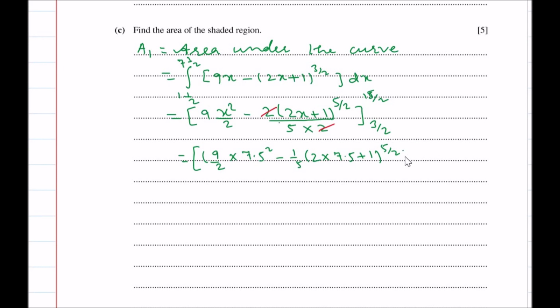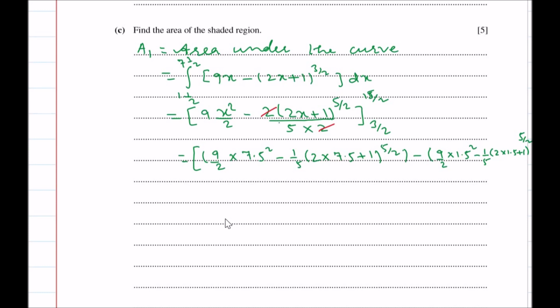Minus 9 by 2 into 1.5 square minus 1 by 5 into 2 into 1.5 plus 1 to the power 5 by 2.